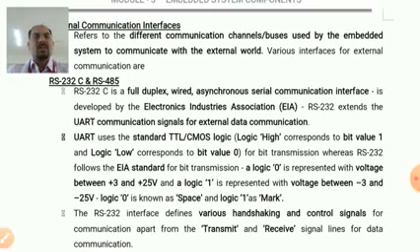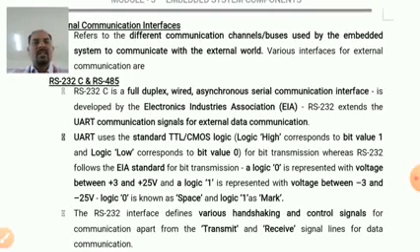It is an asynchronous communication, which means the communication is not happening with respect to clock signals or clock pulses, and it is serial, in the sense only one data bit flows at a time, not 8 bits of data or multiples of 8 bits. It was developed by the Electronics Industries Association, and it extends UART communication signals for external data communication.